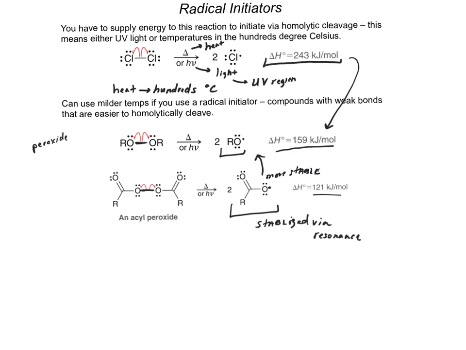Okay. So the purpose of these, we'll throw them in to initiate our radical-based reaction. All they're doing is essentially creating radicals at a lower bond dissociation energy that can then go on and react with our halogens or whatever else we have in there to propagate and move the reaction along.